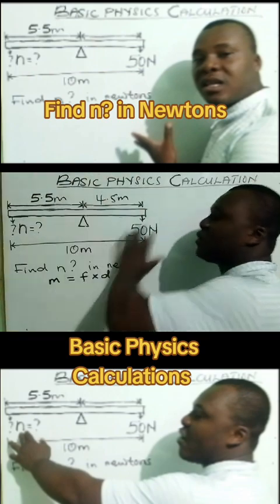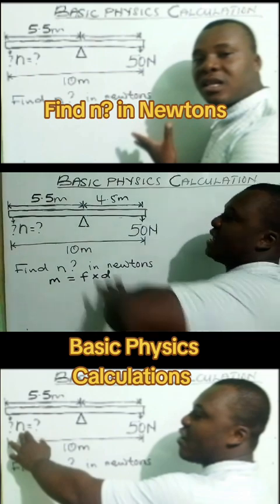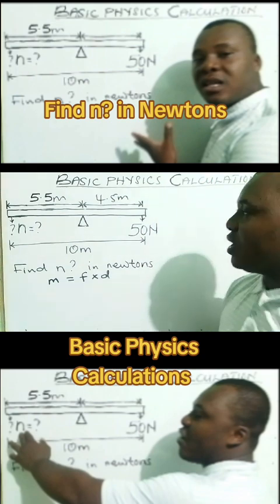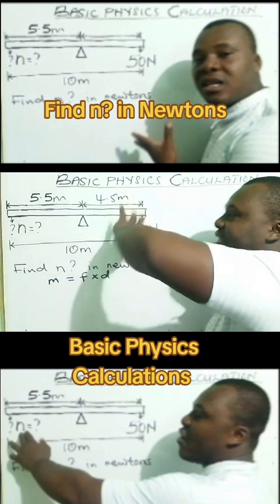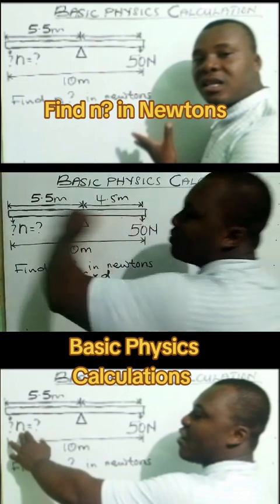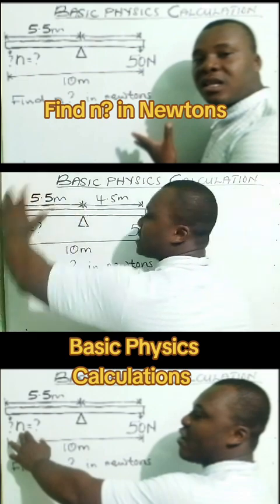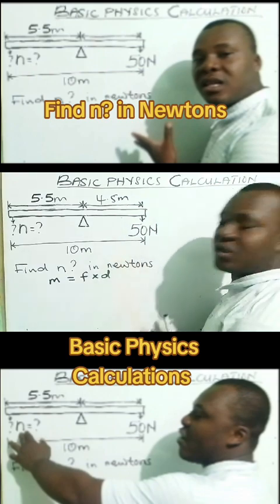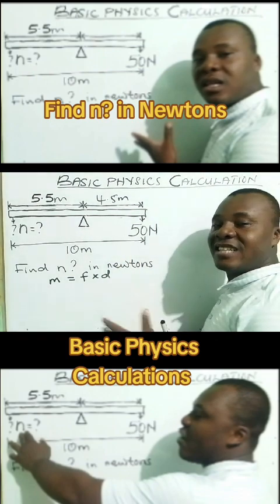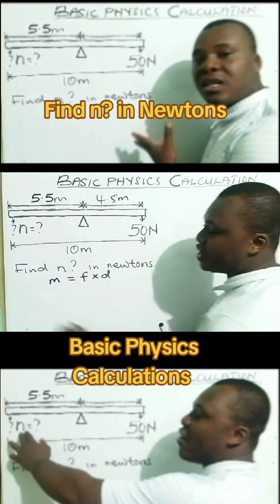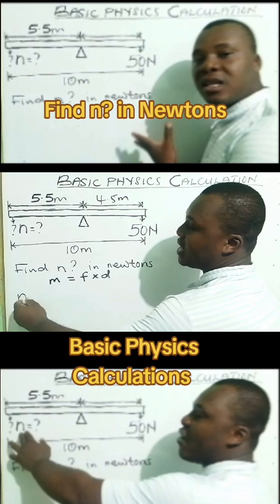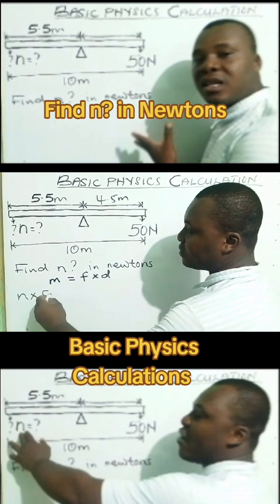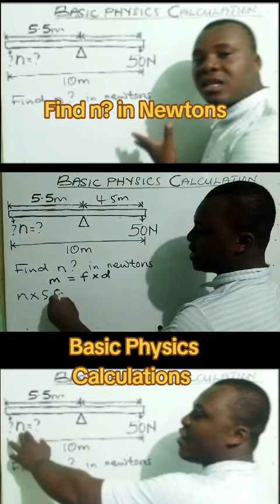So now that we have it, we can find the moment of the downward force here. What can cause this to come perpendicular is that the force here and the force here must be the same. So let's put it in equation manner. We are going to have n multiplied by 5.5 meters.